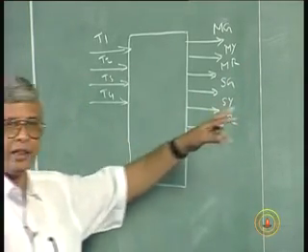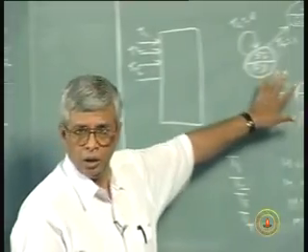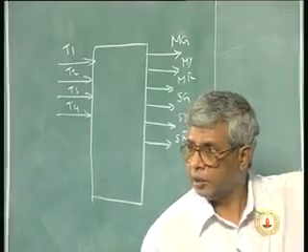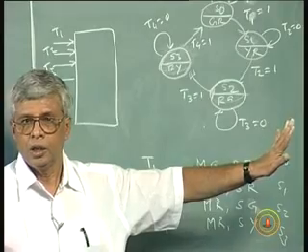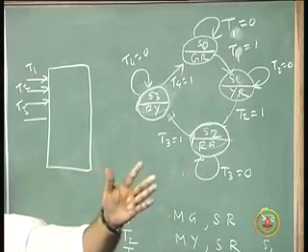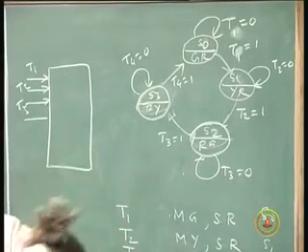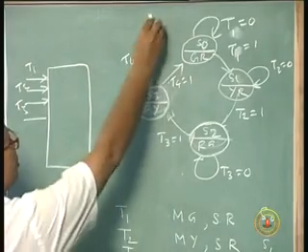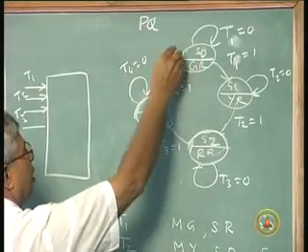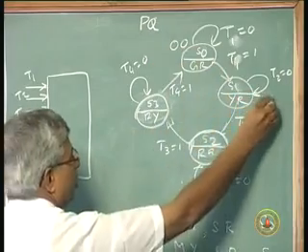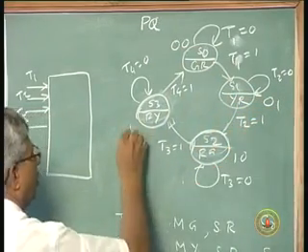And how many states is the circuit going to be in? 4 states. How many state variables do we need? Because 2 state variables can give you 4 states: 0 0, 0 1, 1 0, 1 1. So I will call these state variables P and Q, and call this the 0 0 state, 0 1 state, 1 0 state, 1 1 state.